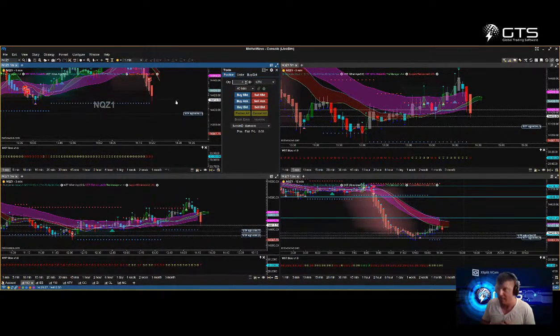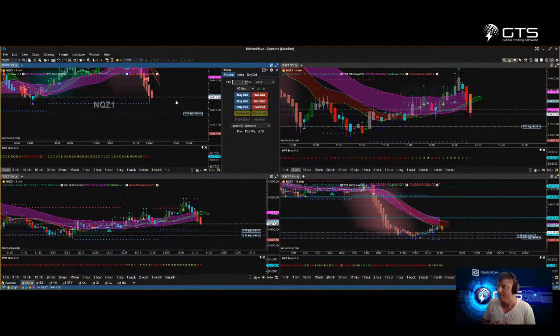You want to have enough in there where you can adjust the number of contracts that it is trading, and enough to absorb anything that might go against you, some drawdown.